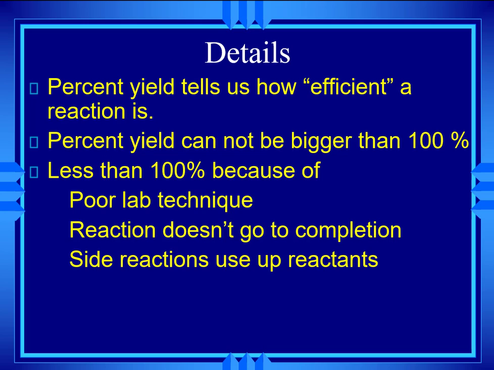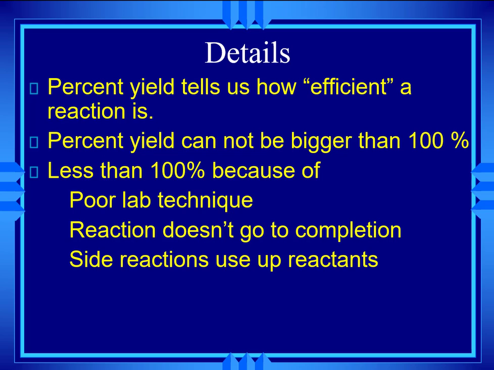It could make that, where the 2 Cls hook on to separate chlorines, or it could make that, where they hook on to 2 different carbons, but now they're across from each other.